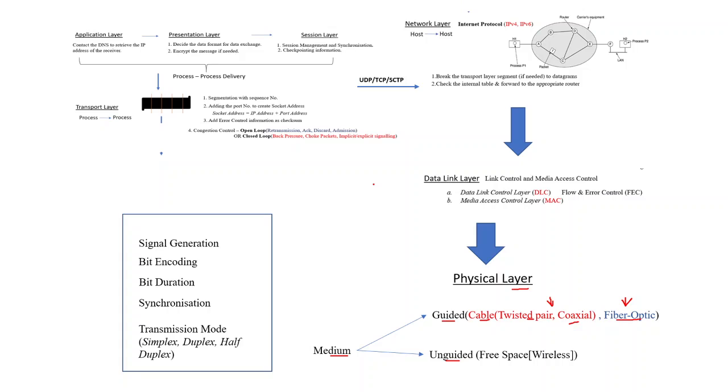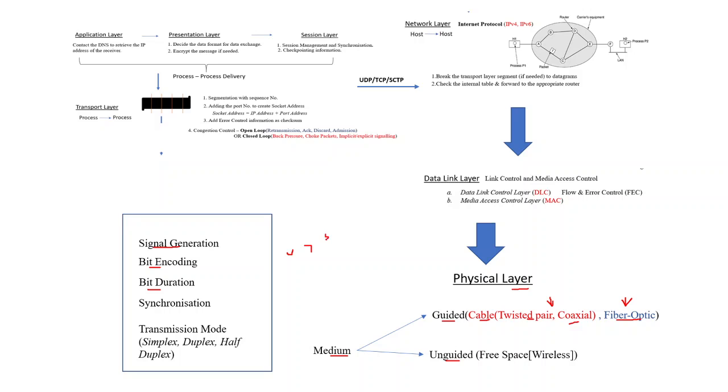So now we were dealing with data. Now that data needs to be changed to signal in this layer, and we also need to use bit encoding. Like, when we are generating a signal, we need to find a way so that the receiver knows which voltage stands for which bit.